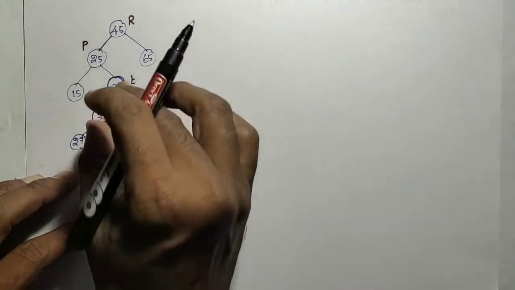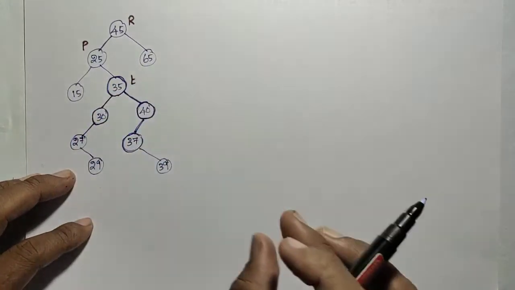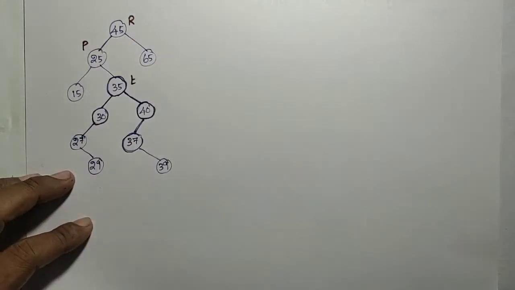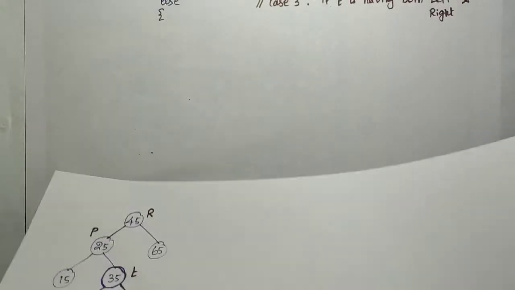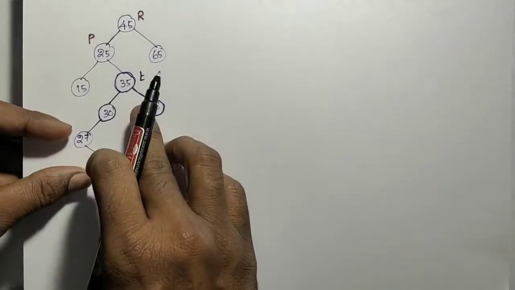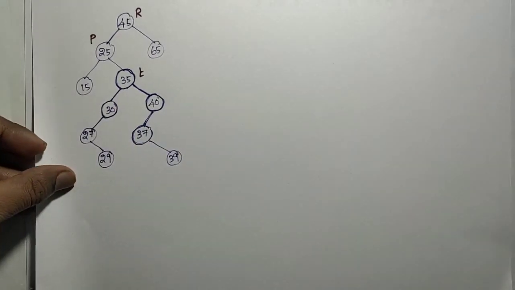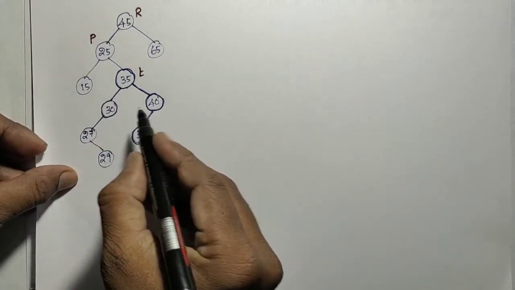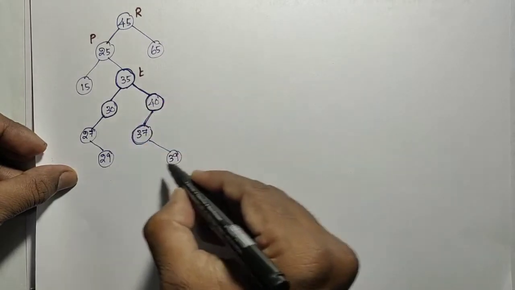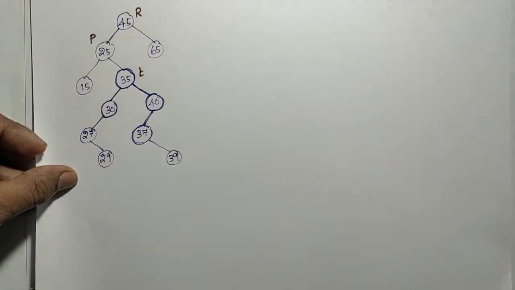After finding that element, I need to do the swapping. First I will write the code for finding the leftmost from the right or the rightmost from the left. Which one can we go for? Either this or this. I'm just going to go with this solution: leftmost from the right side.